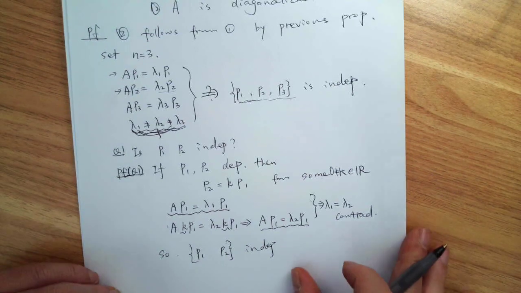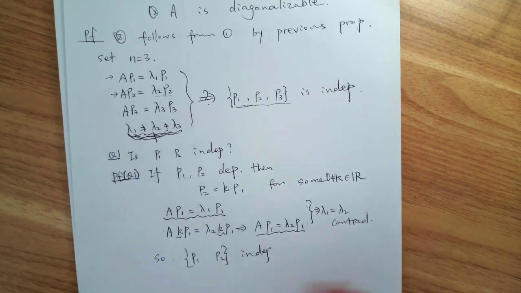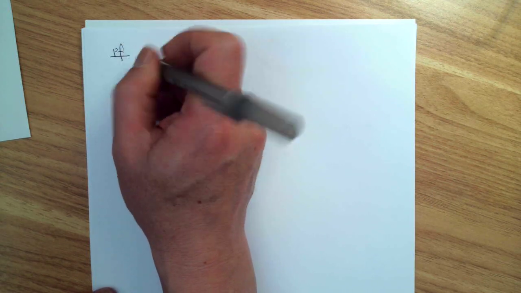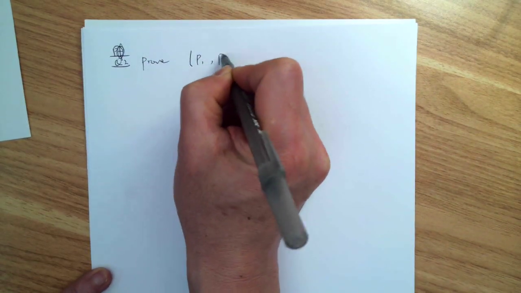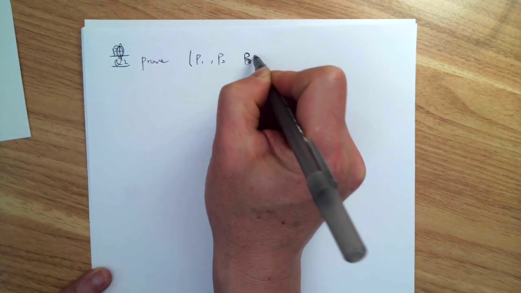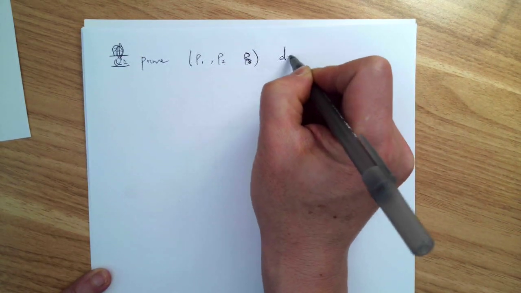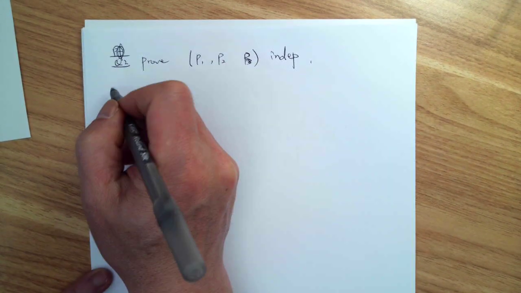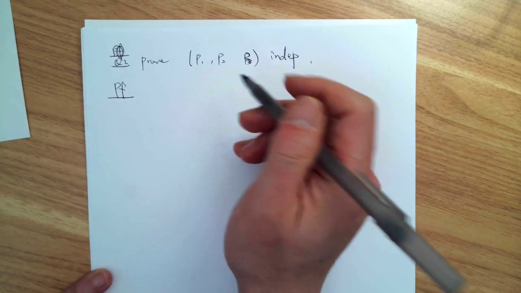Now let's go back to our original question. If you look at 3 vectors together, can we prove P1, P2, P3 are independent? The proof is the following.